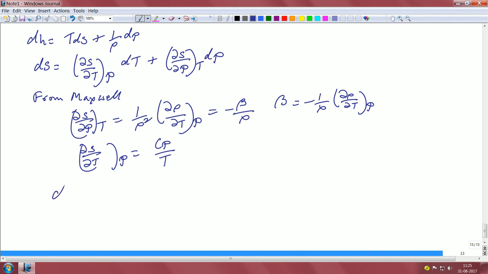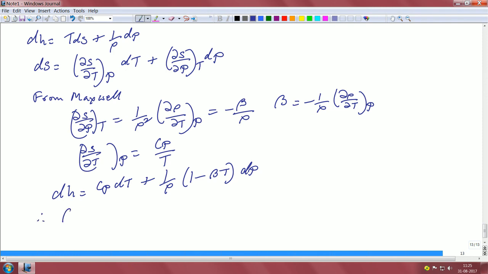So, dH can be written, with quantity-by-quantity substitution, as Cp dT plus 1 over rho times (1 minus beta T) dP.